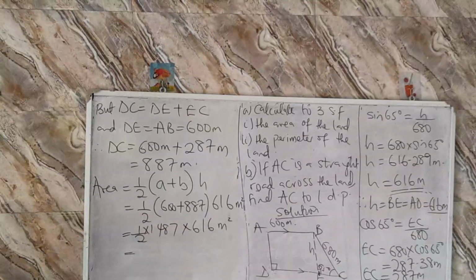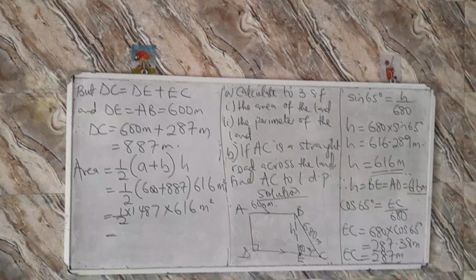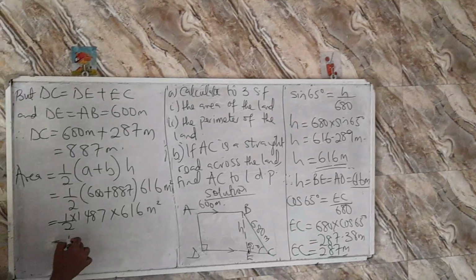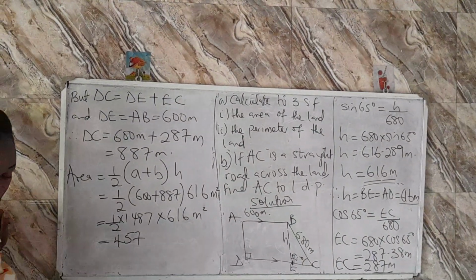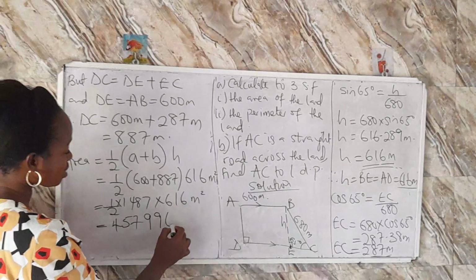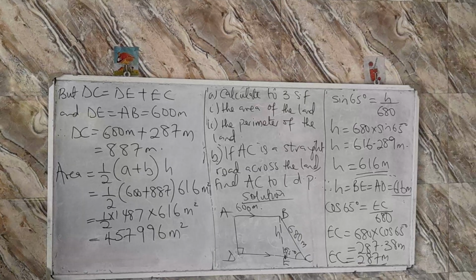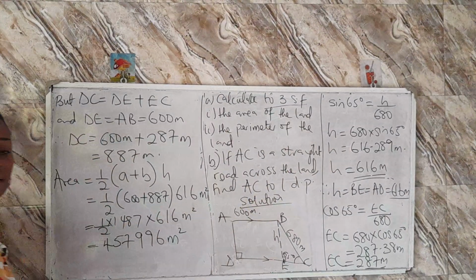So when you multiply, what will it give you? It's going to give us 457,996 meters squared, right? That's what it will give us. But recall, we are asked to keep our answer to three significant figures.